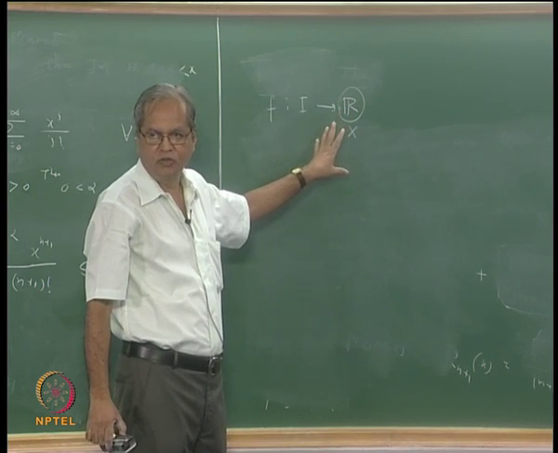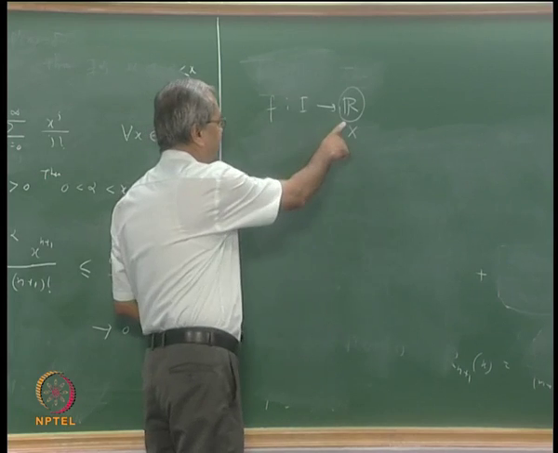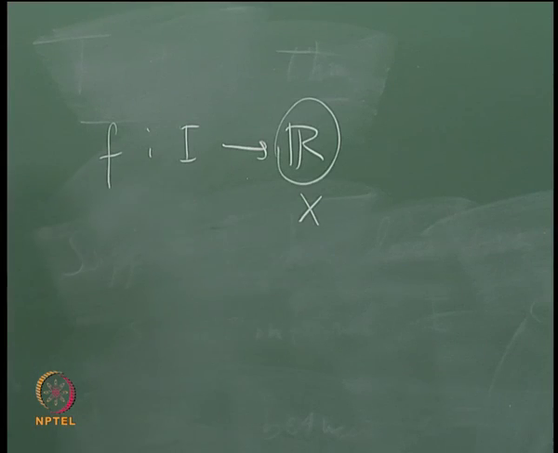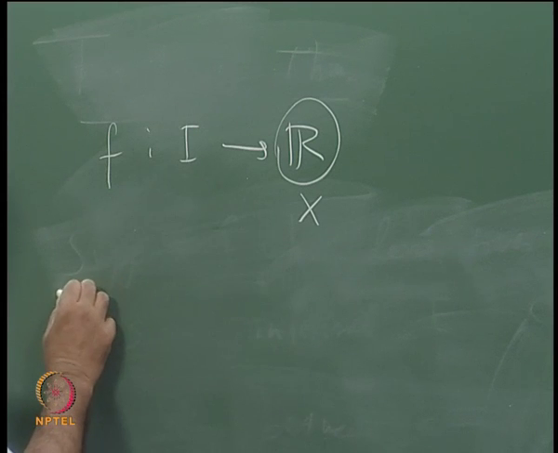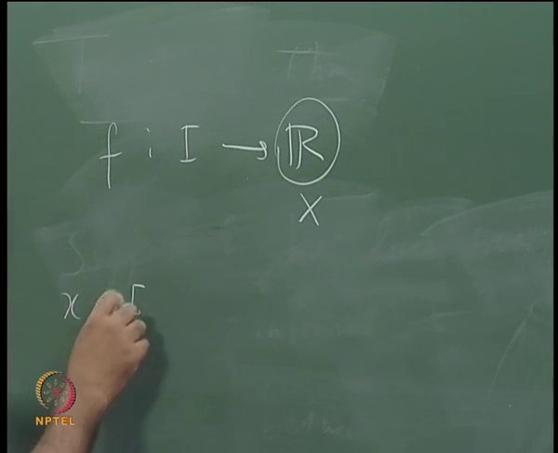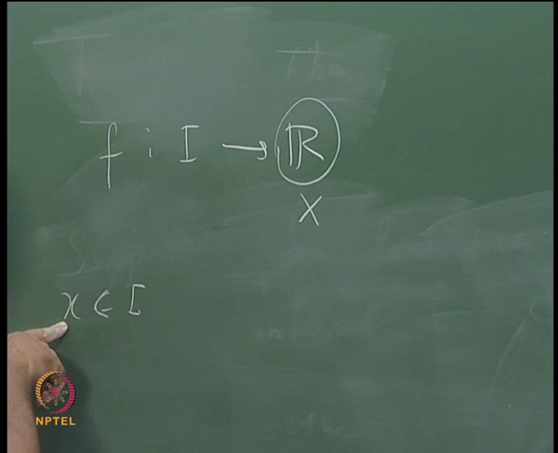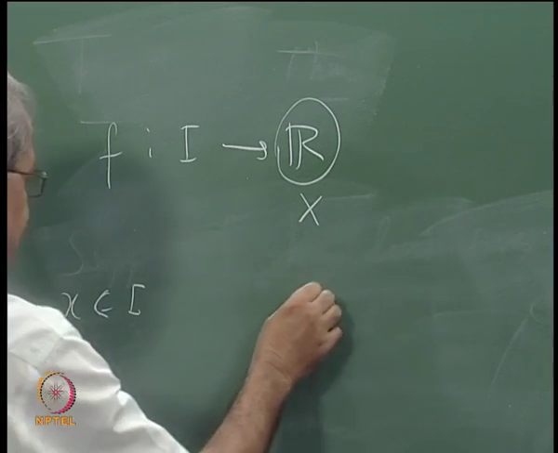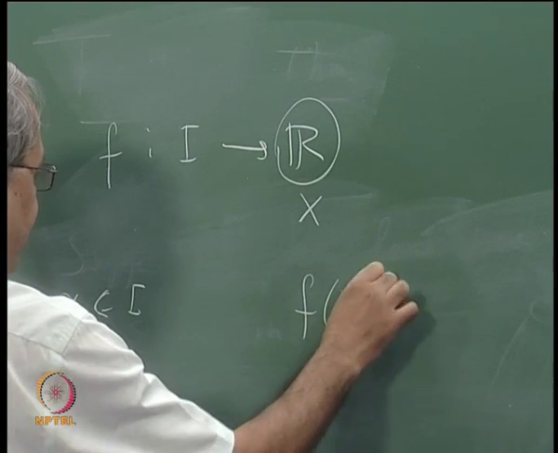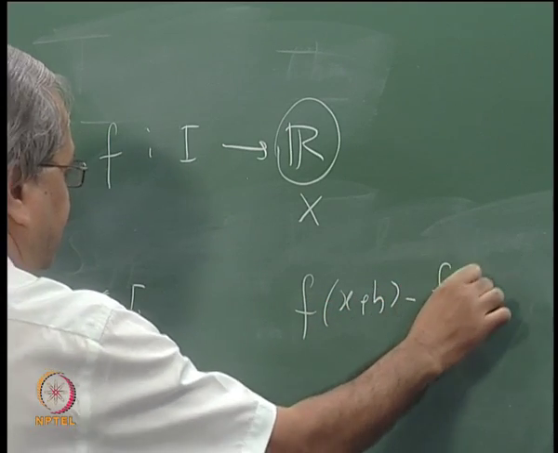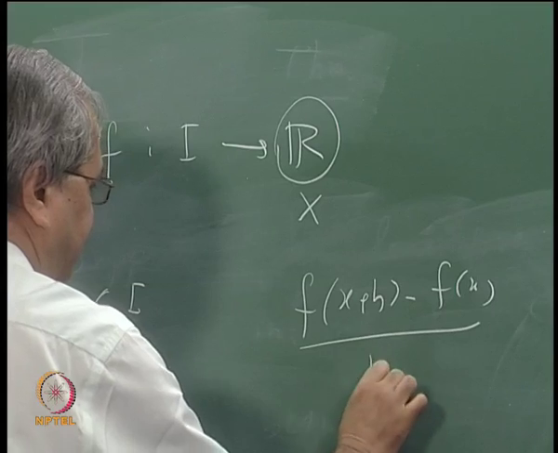So in general one could think of replacing this R by some other metric space, but there is a slight problem there. You cannot take any arbitrary metric space, because suppose we take some x in I and want to talk about the derivative of the function at this point x. Then you have to think of limits of elements like f of x plus h minus f of x, divided by h.